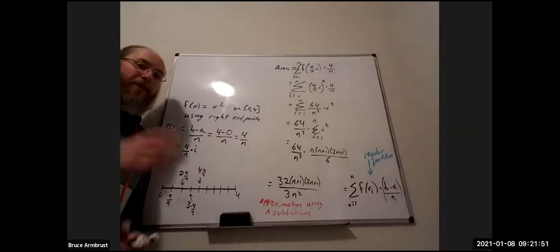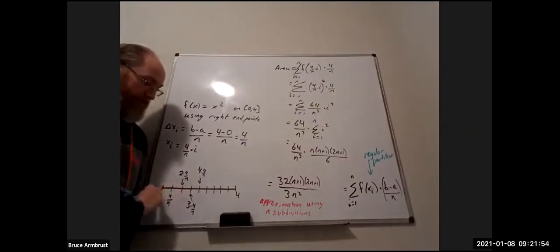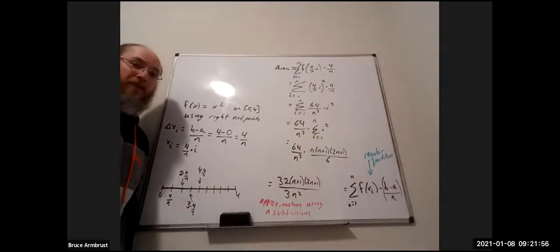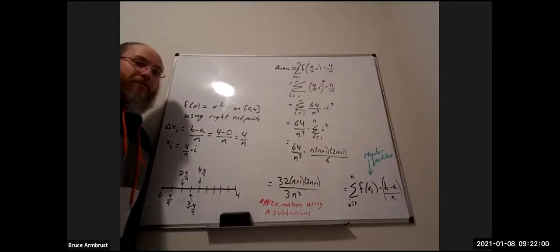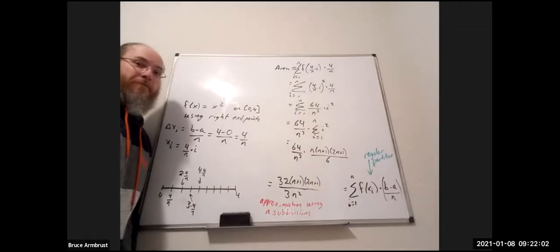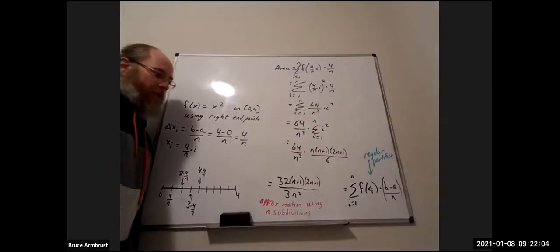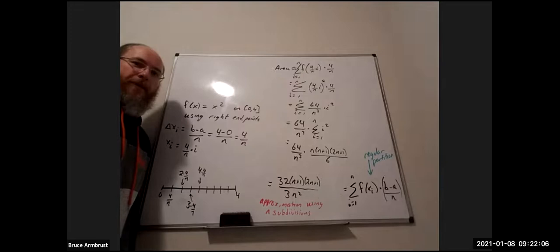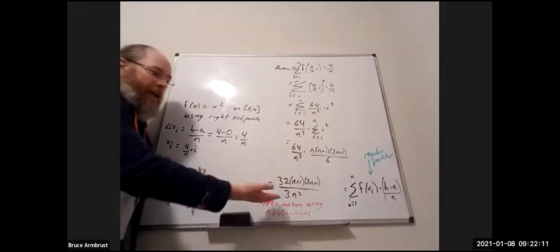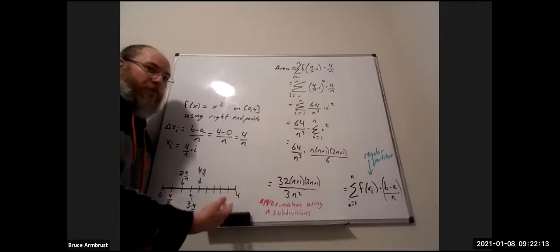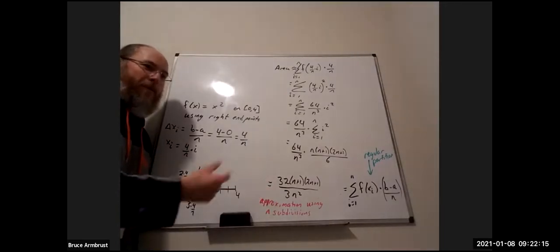So now if you were to say, all right, let's take that interval from 0 to 4 and split it into 100 chunks, I plug 100 in here, and that's the area that I would get. Break it into a million chunks? Okay, I'll plug in a million, and that's the approximation I'm going to get. We basically now have a formula that says, what is the approximate area if I tell you how many intervals to break it into?